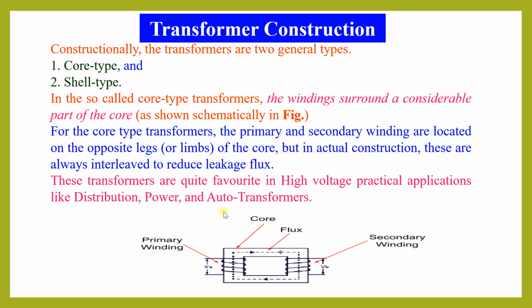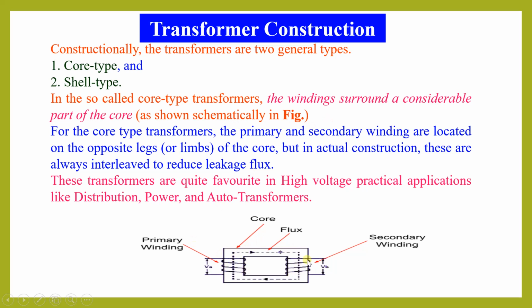Now moving to the construction of the transformer, we have two main types of transformers, core type and shell type, based on the construction. In the so-called core type transformer, the winding surrounds a considerable part of the core, as shown in the figure.